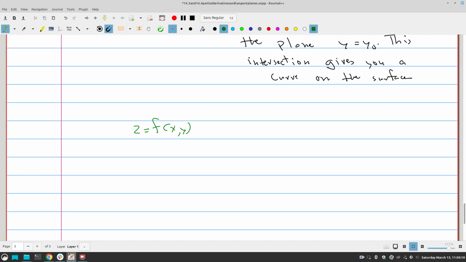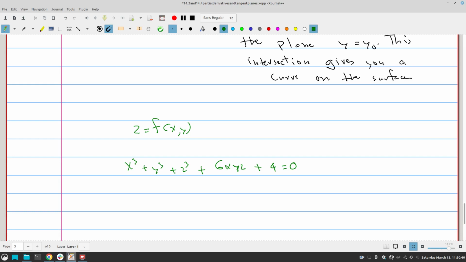Well, one example of this would be example 5. In that example, you have x cubed plus y cubed plus z cubed plus 6xyz plus 4 equals 0.